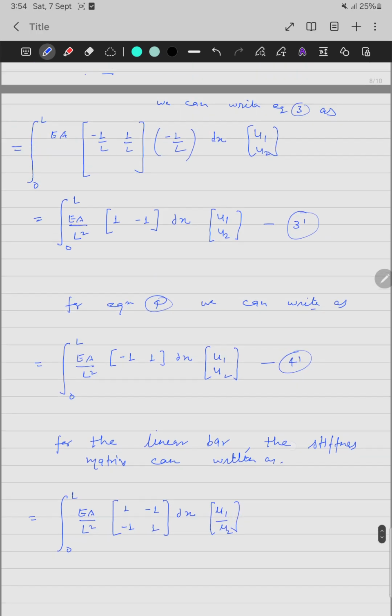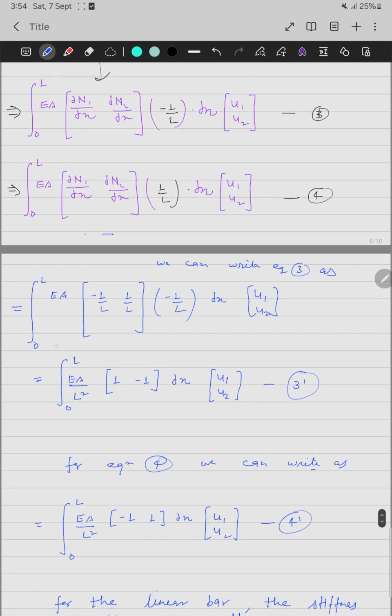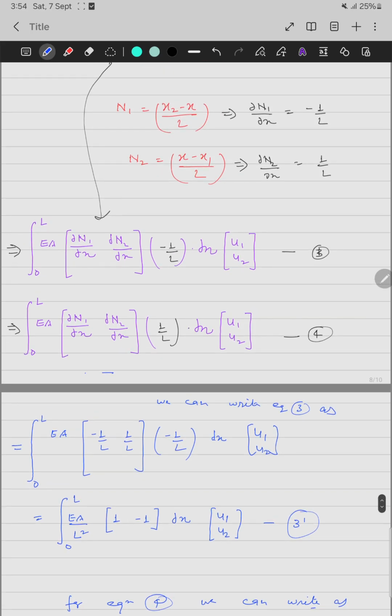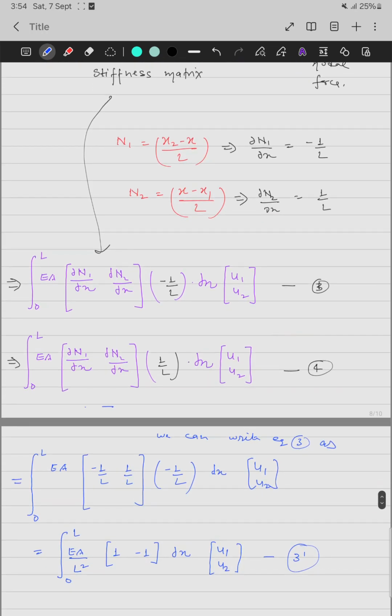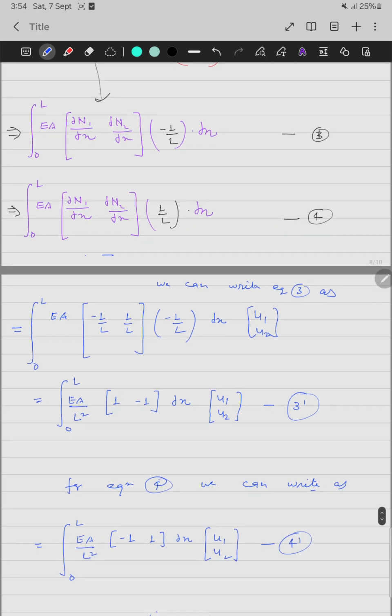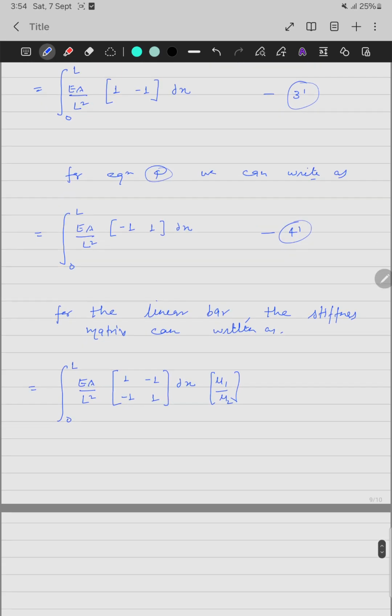Okay, one more thing I want to tell you. See, this is our stiffness part. This is the constant part, this is outside the stiffness matrix, right? So we can remove this u1 as of now. Not required, not required.